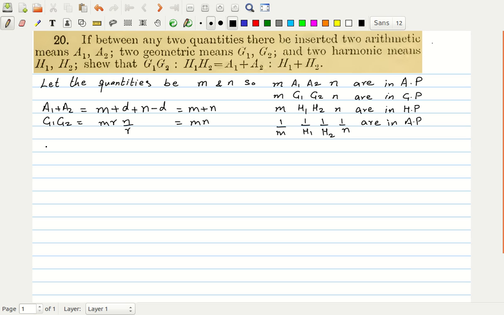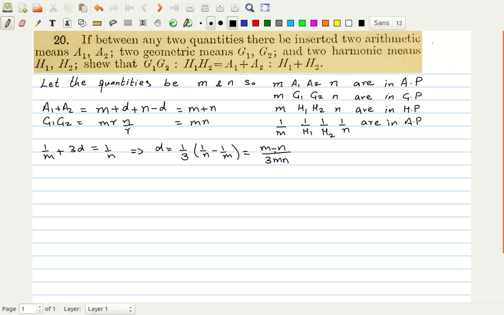We get 1 by m plus 3 times the common difference should be equal to 1 by n, and therefore you get d is equal to 1 over 3 times 1 by n minus 1 by m, and this is equal to m minus n divided by 3 times mn.